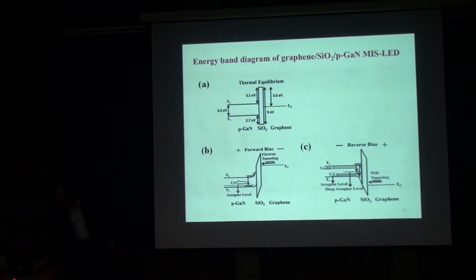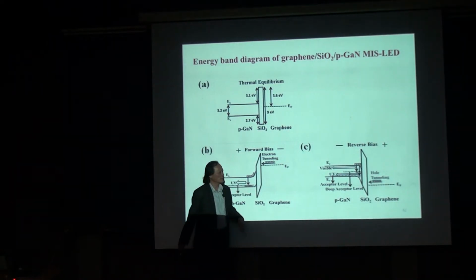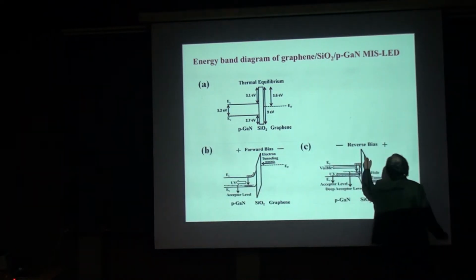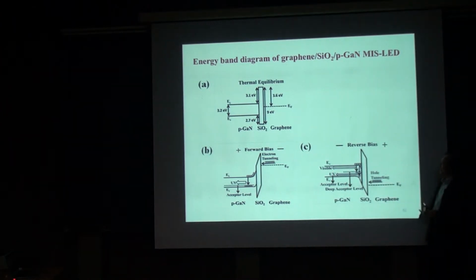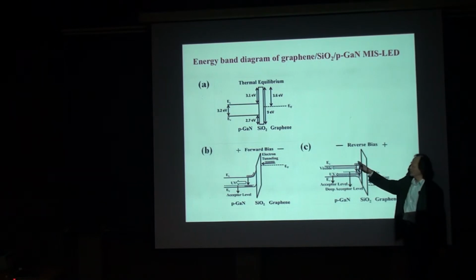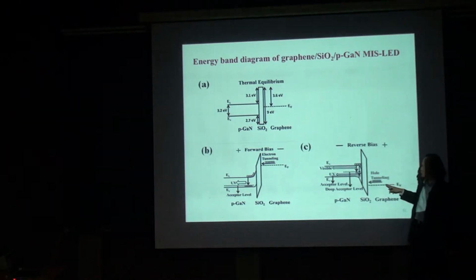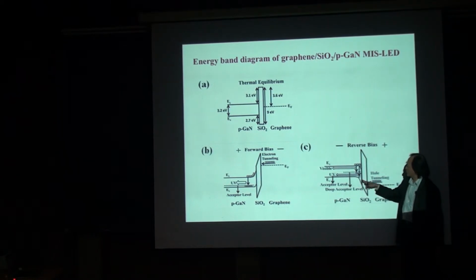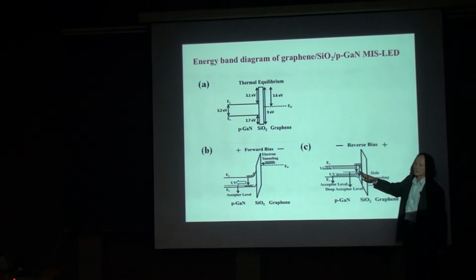This shows you the tunneling, because there is an insulating layer here. After we apply, for example, a reverse bias, we can accumulate electrons near the surface, so the holes tunnel through this insulating layer and then recombine with the electrons.